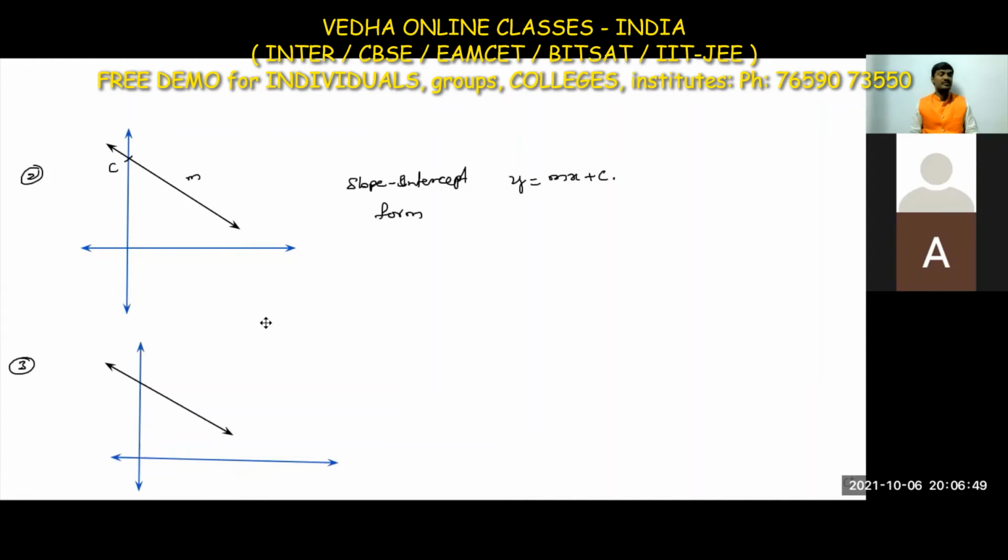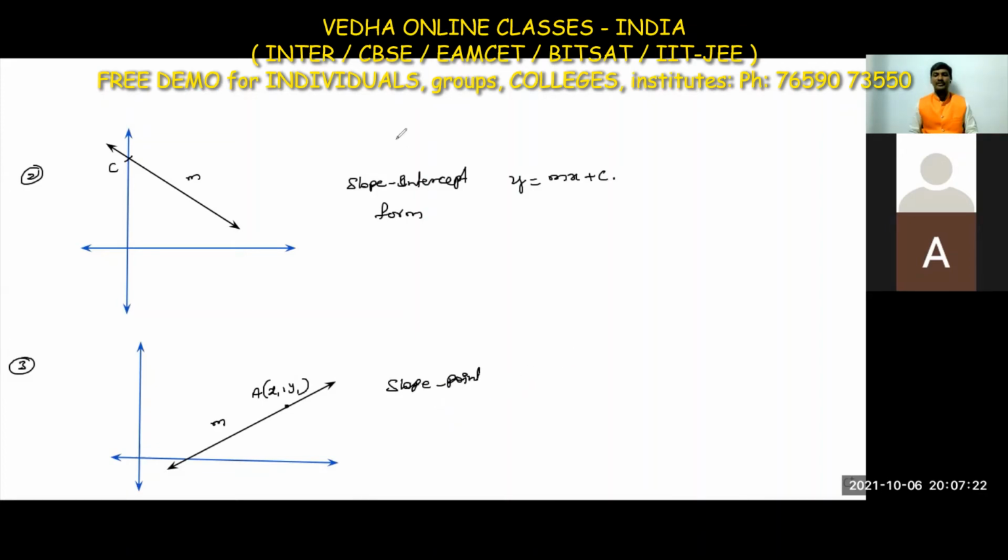We use this when we know the slope and a point. (x1, y1) is the point and m is the slope. Then we use this formula, which is called slope point form.